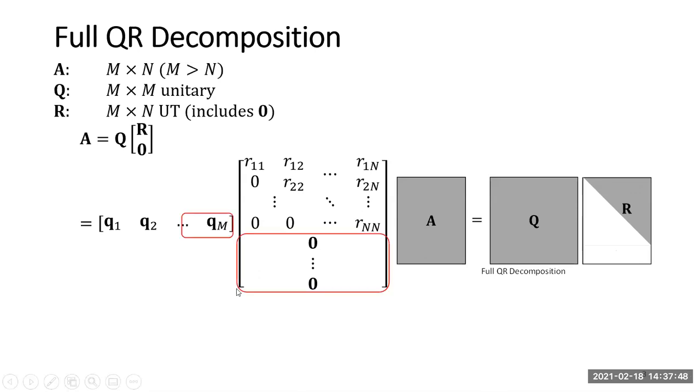Now when we do the multiplication, Q1 is going to get multiplied by R11, R12 until R1n, to get A. Q1 is going to get multiplied by R11.